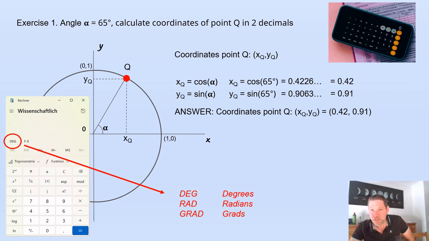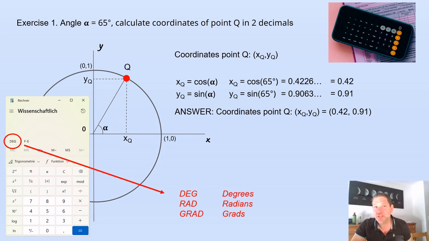In order to be sure that we didn't miscalculate anything here, we're going to have a look back at the unit circle and at the Q. So the xQ is somewhere halfway between the origin and 1 on the x-axis. So it's somewhere around half visually. So 0.42 is probably correct if you look at this picture right here.